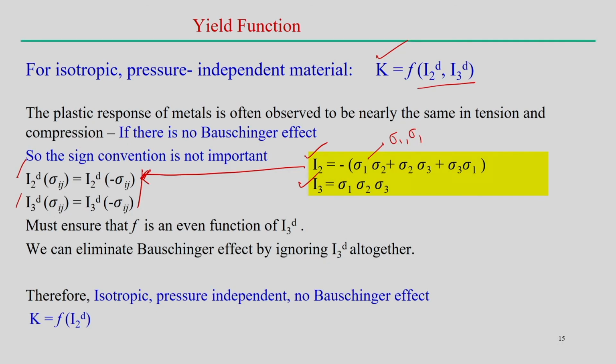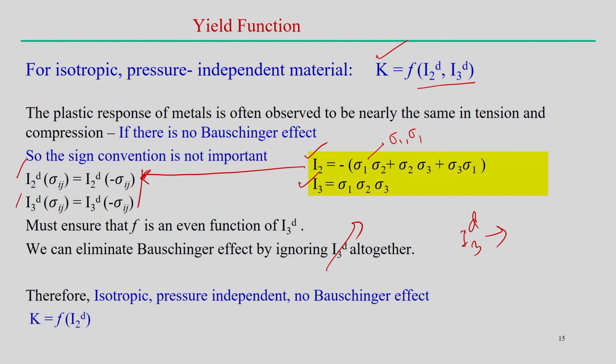Therefore, we can eliminate the Bauschinger effect by simply ignoring I3D altogether, because if we consider I3D, we have to consider the Bauschinger effect. If we consider only I2D, there is no Bauschinger effect.